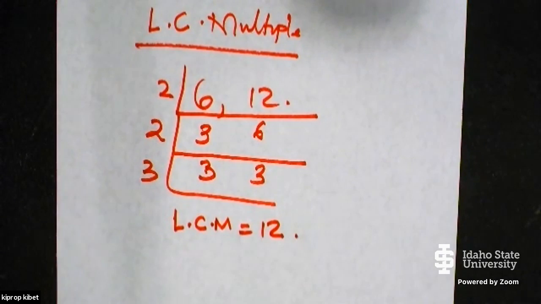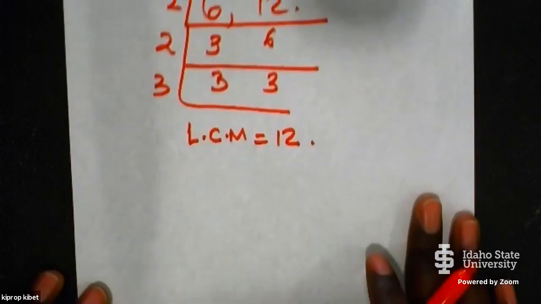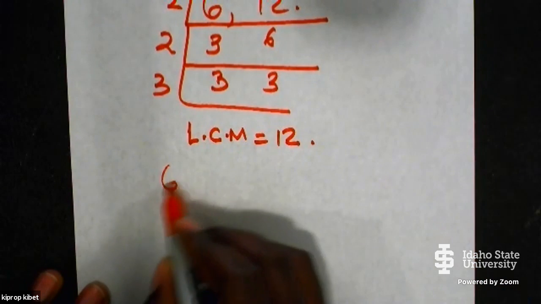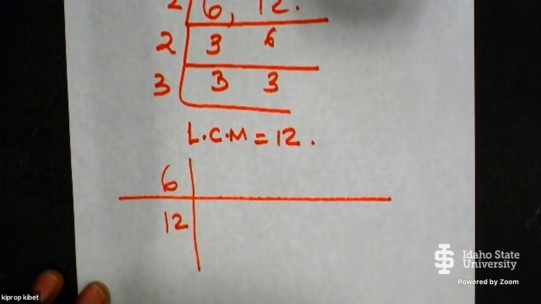Now, what is our greatest common factor? How did we do our greatest common factor? We did it like this, 6 and 12.